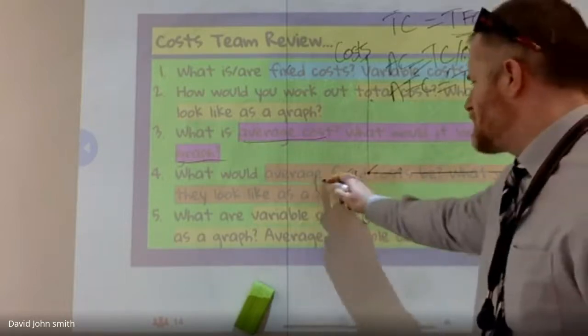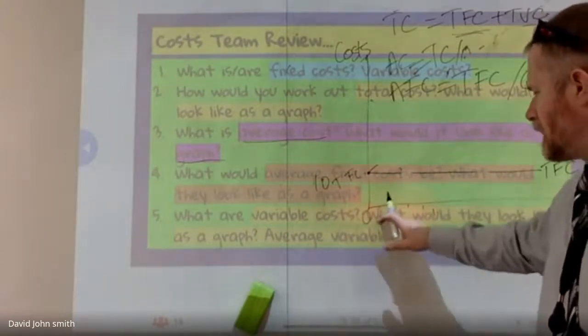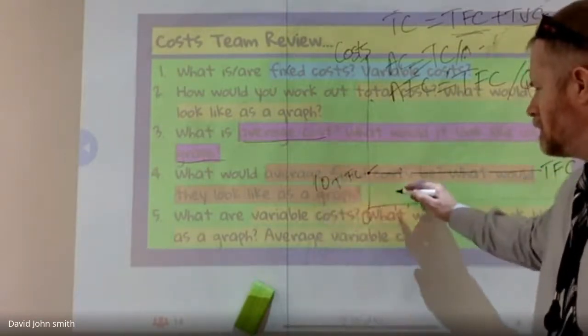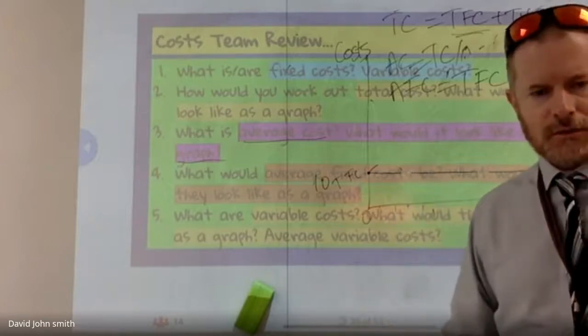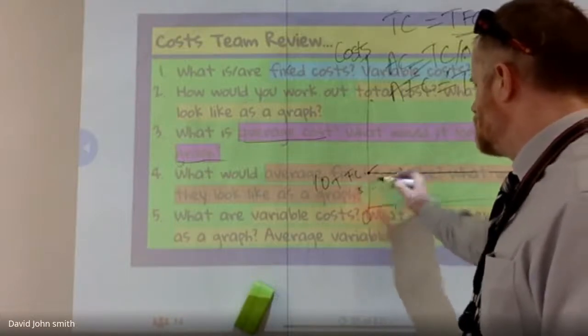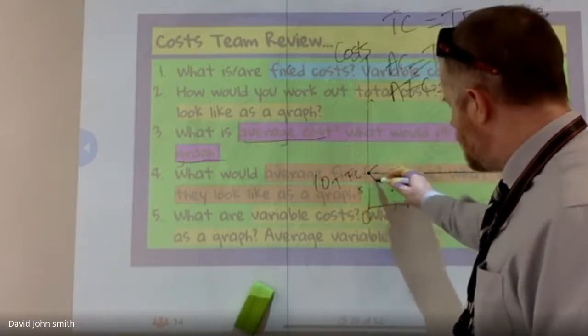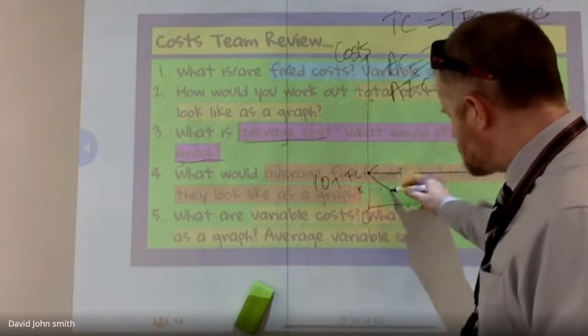So if that number is 10, you divide it by 1, it's 10. Divided by 2, what's 10 over 2? 5. That's less, isn't it? So your average of your fixed costs is going to do this.